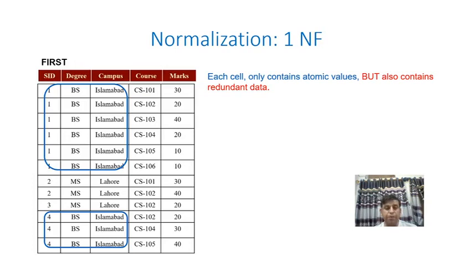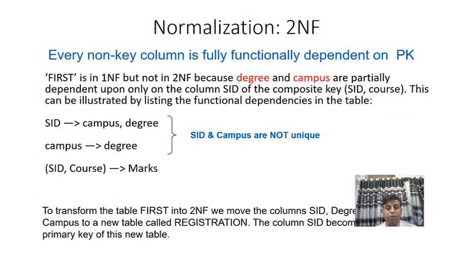Like if there are 6 entries of Islamabad, we must change all entries from Islamabad to Lahore. So this kind of anomaly is known as the update anomaly.